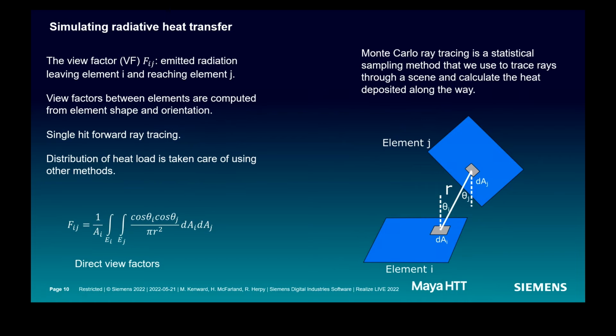So the two key approaches that are used in SimCenter 3D thermal flow are either using direct view factor calculations, and one can think of a view factor as which part of a model can see what other part of a model.